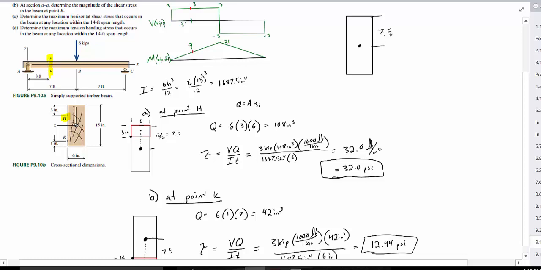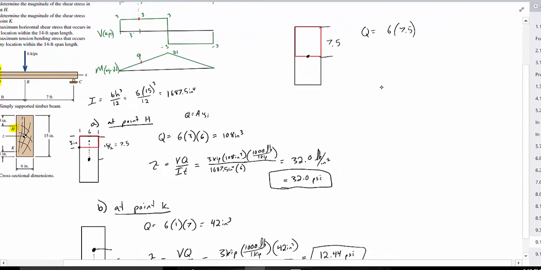So if this is 7.5, what's the maximum shear stress? Well, we're going to analyze our section, which is this entire area. So Q equals 6 multiplied to 7.5, which is our area, multiplied to 7.5 divided by 2, which is 3.75. So Q for this one would be 168.75 inches cubed.